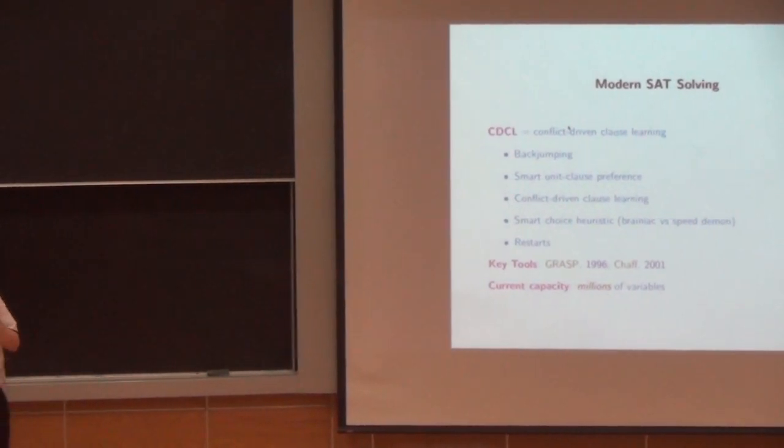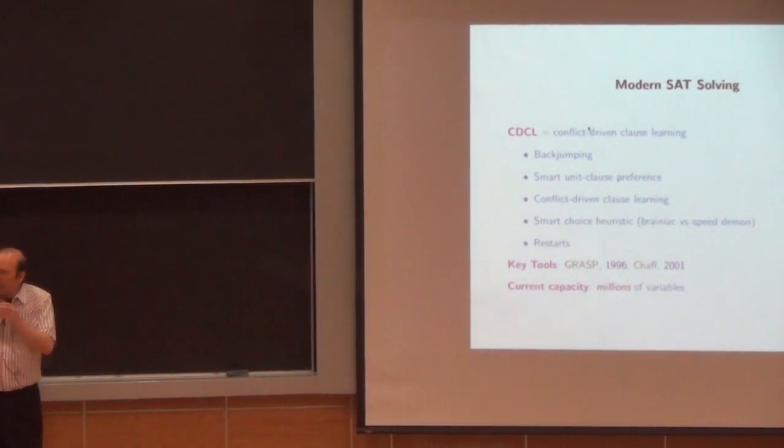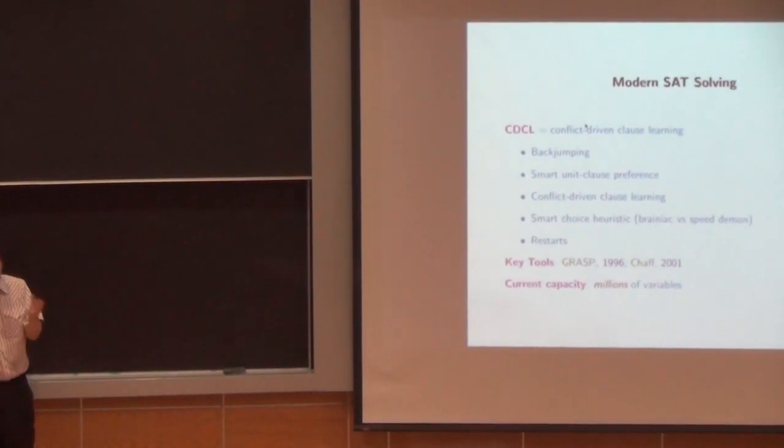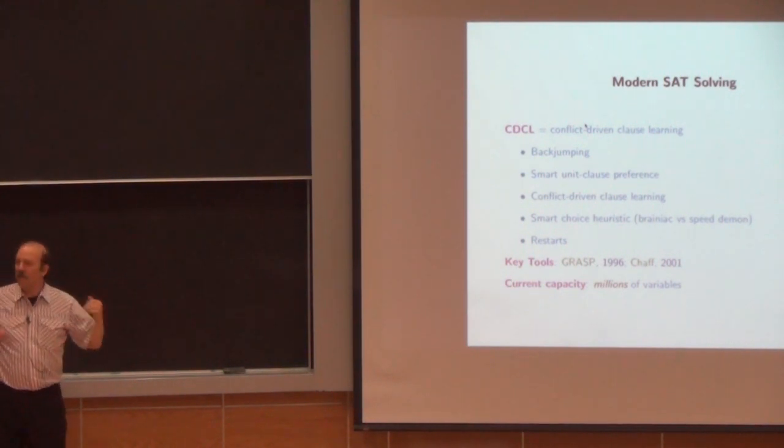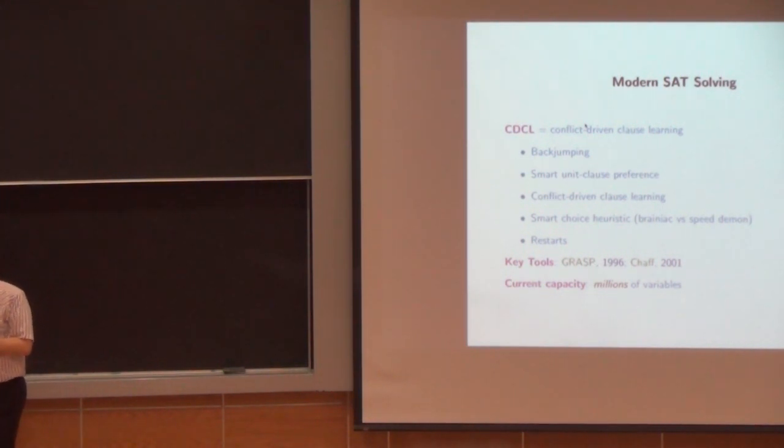What are heuristics? Heuristics are algorithmic techniques that are empirically effective, but we cannot actually prove that they're effective. It's just empirical. And these are five key heuristics, and the method today is called CDCL, for conflict-driven clause learning. I'll explain it in a minute. It's one of the heuristics. And each heuristic for SAT is a good heuristic for life. So pay attention now.